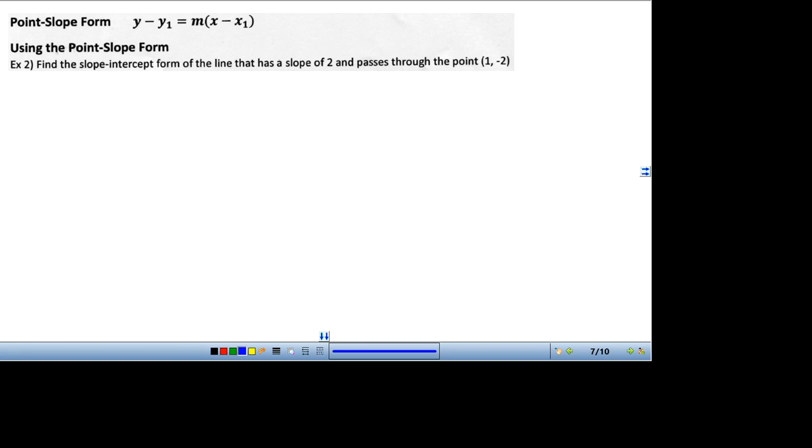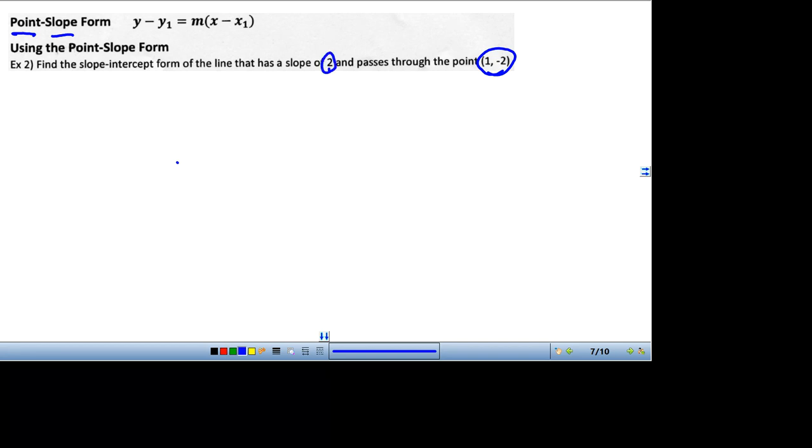Next one. So I have point slope form. y minus y1 equals m times the quantity x minus x1. You are going to use this when you have a point and you have a slope and they ask for the equation. Fancy how that works? Look at this. I got an example. You have a point and you have a slope.